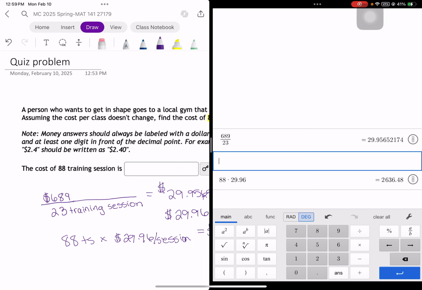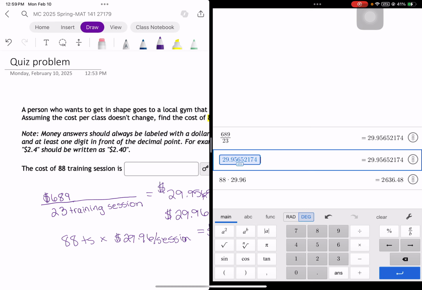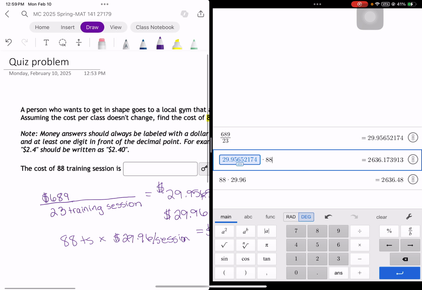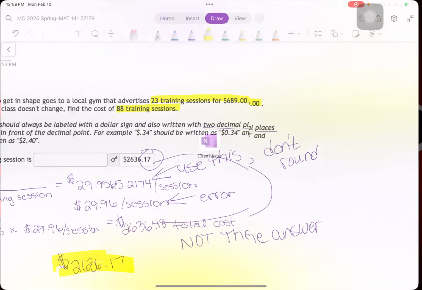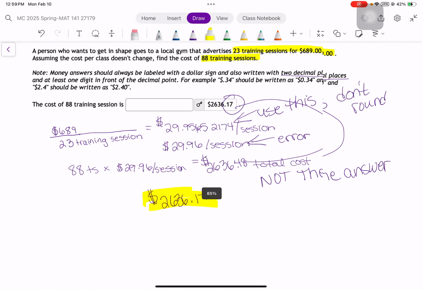I use this button that says ANS, and now I'm going to multiply it by the 88. And then notice now that my answer actually does match, $2,636.17, which is my actual answer. So don't round early. That's what my note was telling a lot of you.